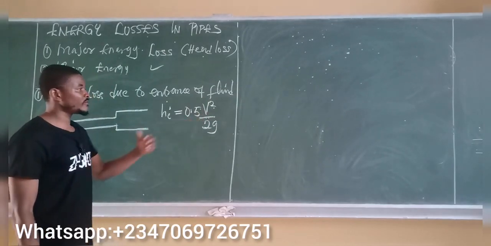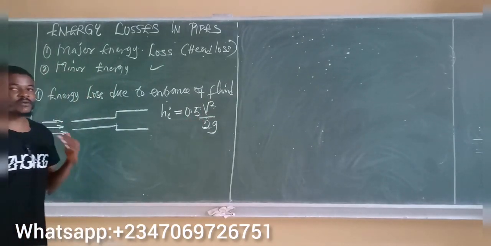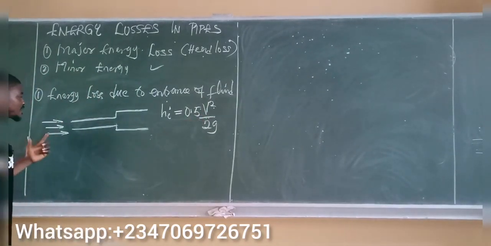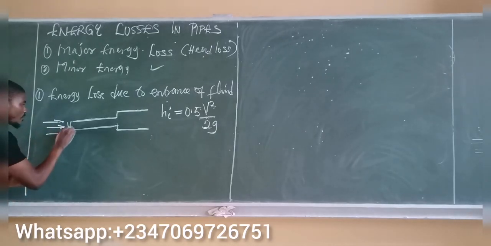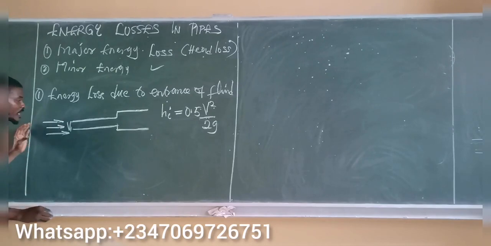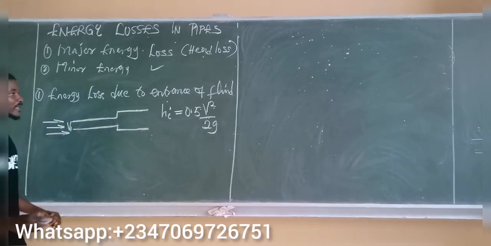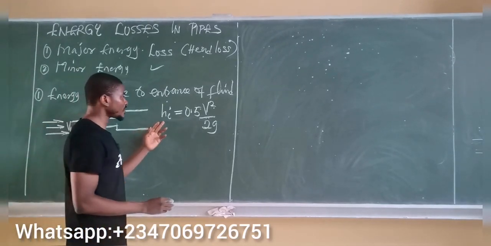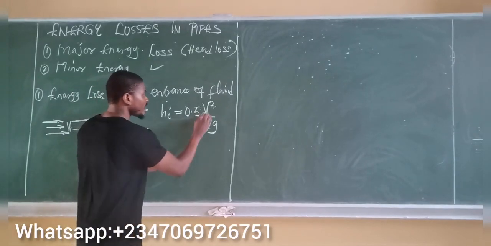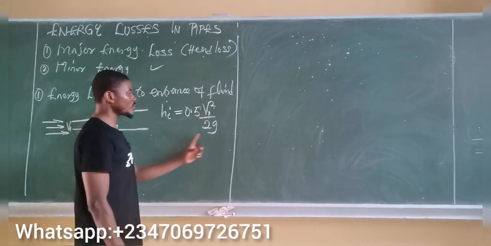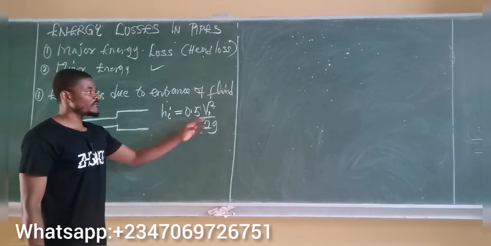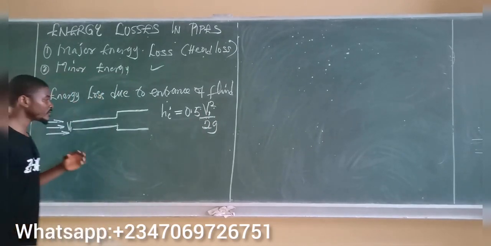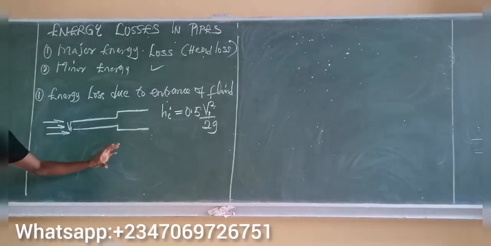Now, this value v depends on the velocity at the inlet. So if the speed of flow at the entrance is v1, which is the initial speed as the fluid enters the pipe, then the inlet head loss is simply 0.5 v1 squared all over 2g, where g is the constant, gravity, and v becomes the speed of flow as the fluid enters the pipe.